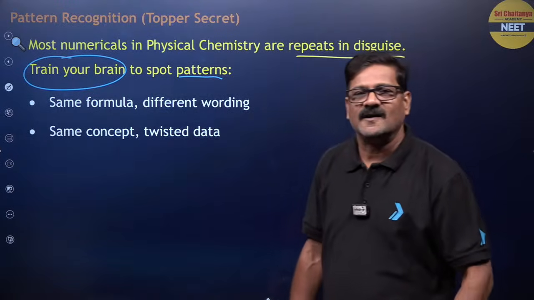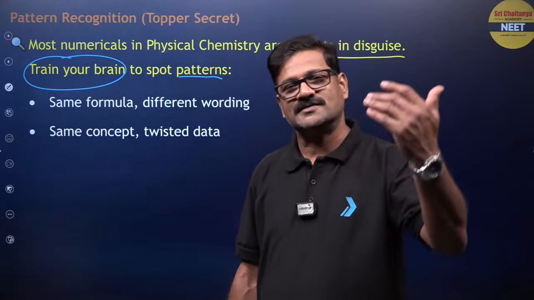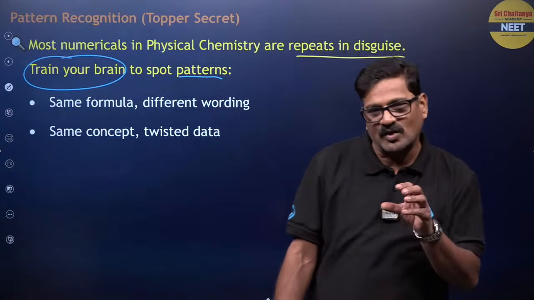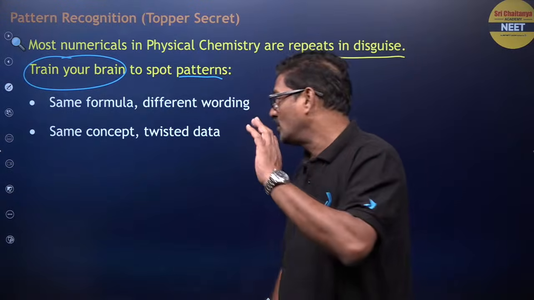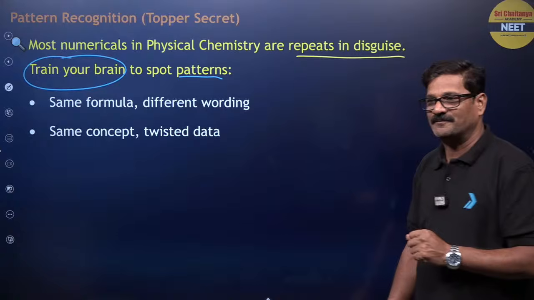You just see Raoult's law, positive deviation, negative deviation. Then I'll slip in a little azeotropic mixture. Okay, so same concept, twisted data.